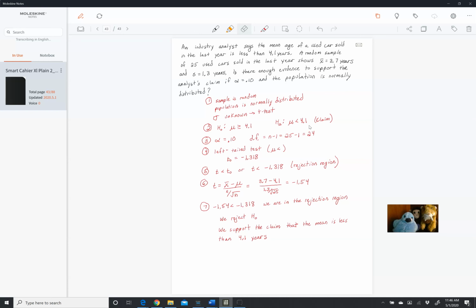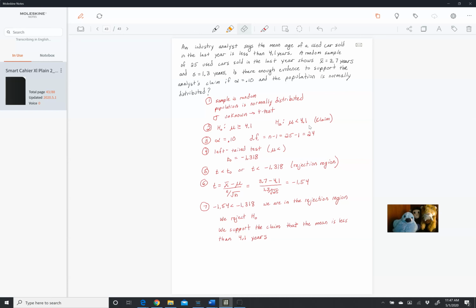We could have an error where we say that we reject the null hypothesis, but it's actually correct. If we made this conclusion incorrectly, it would be a type 1 error.